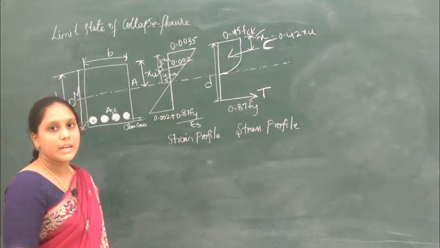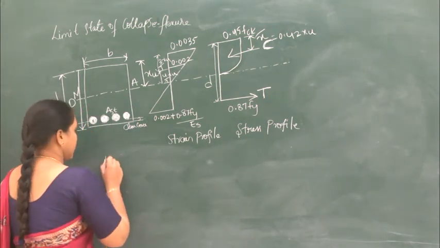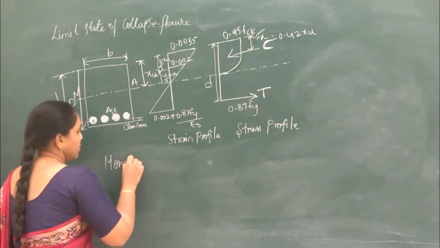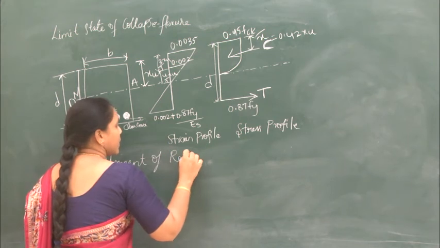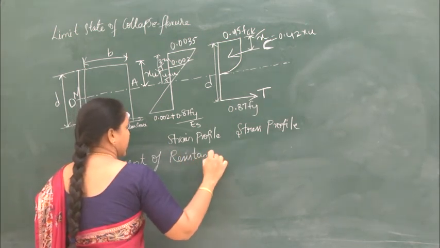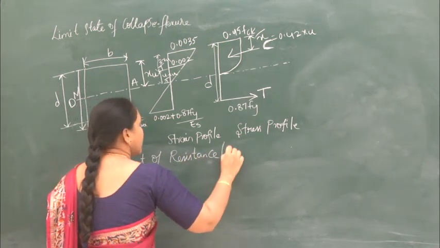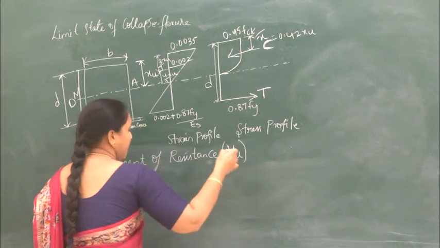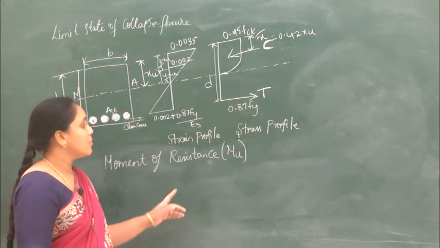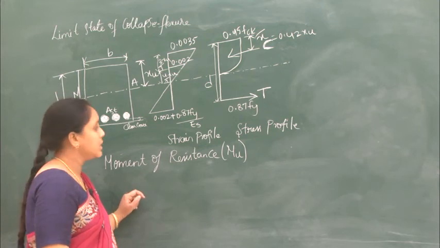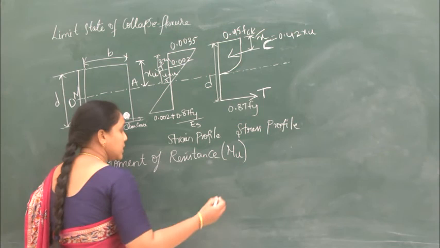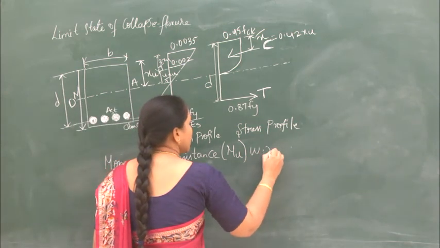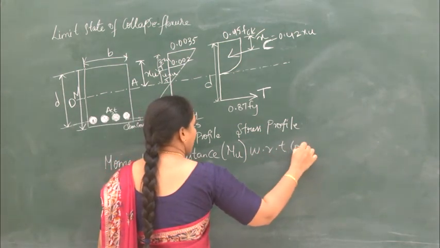Now let us calculate the moment of resistance, denoted by Mu.